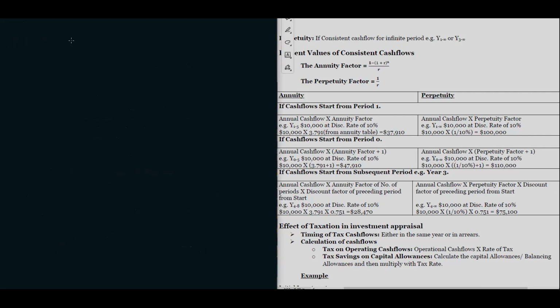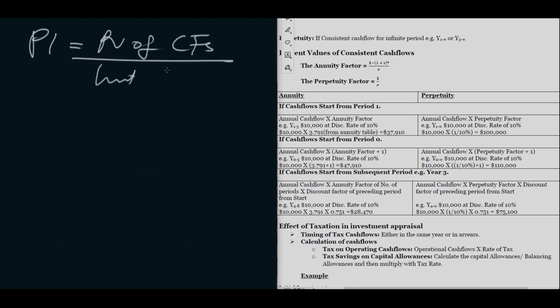Now, the next one is where I consider PI equal to the PV of your cash inflows over your initial investment. This is how much your cash inflows generate over the initial investment. So with this one, we are seeing that your total cash inflows is 133,620 over your initial investment of 100,000.